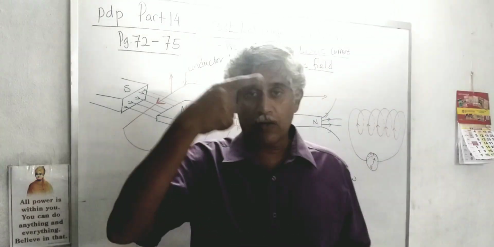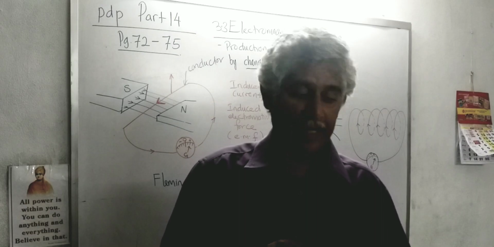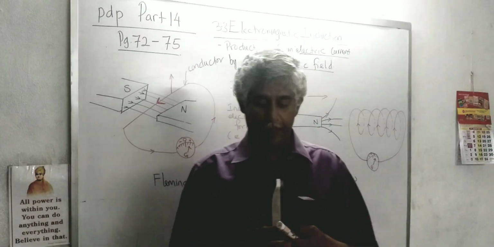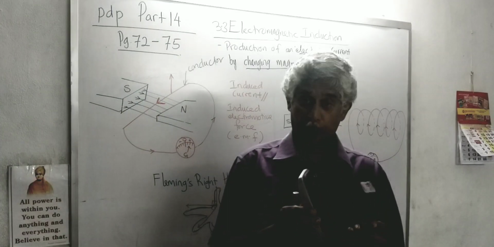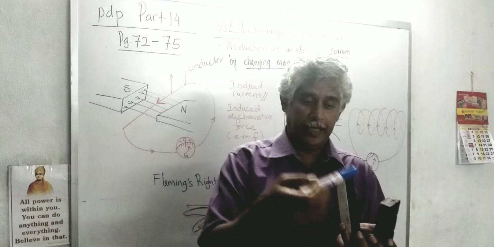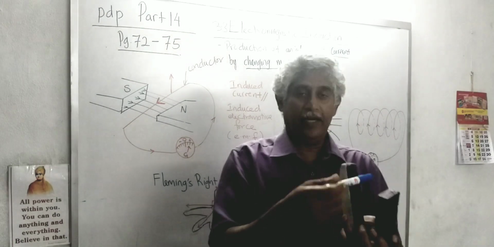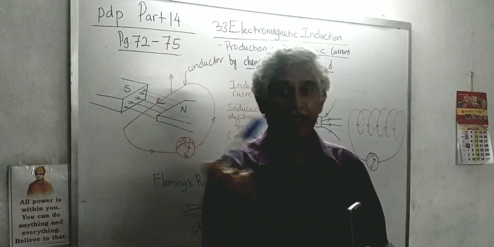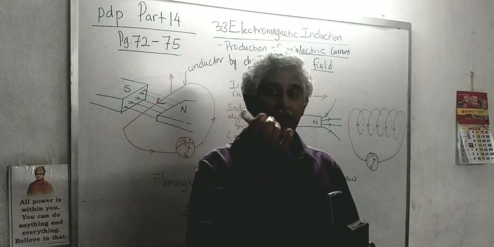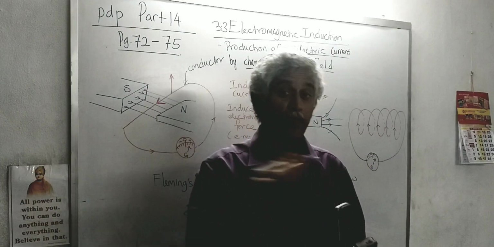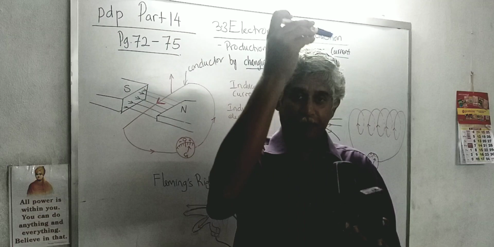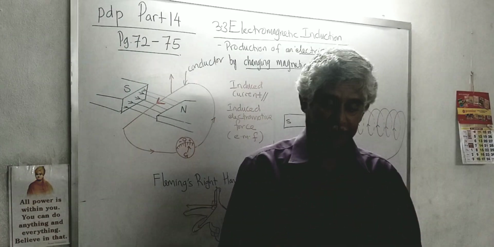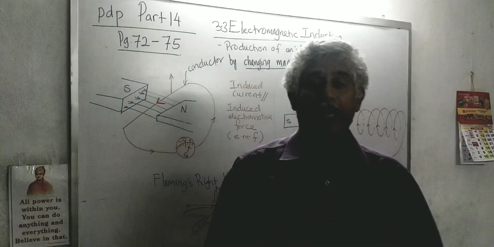That means the conductor experiences a change of magnetic field. Suppose these are two magnets placed opposite each other with opposite poles, and this is a conductor. When you cut the field, the conductor will induce current. That means the electrons inside the conductor start moving when it experiences a cutting of the magnetic field between a pair of magnets. So that's how the current is induced.